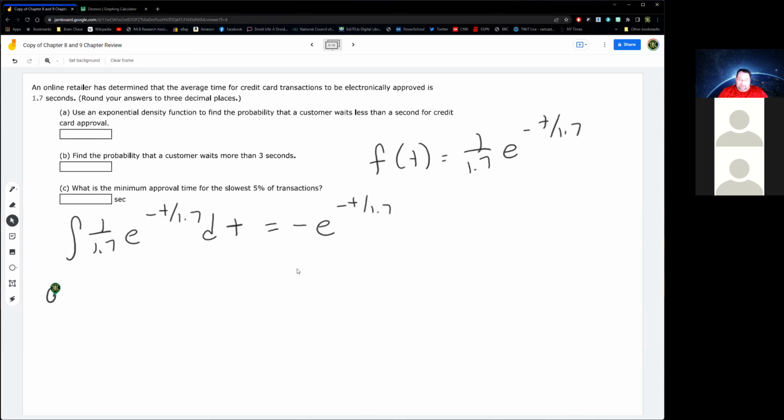So A is just negative e to the negative t over 1.7, and we're evaluating it from 0 to 1.